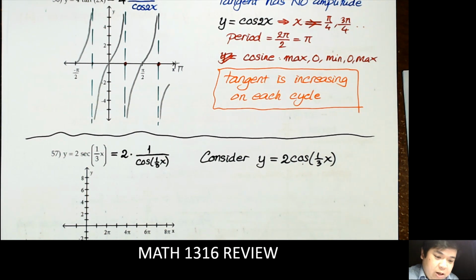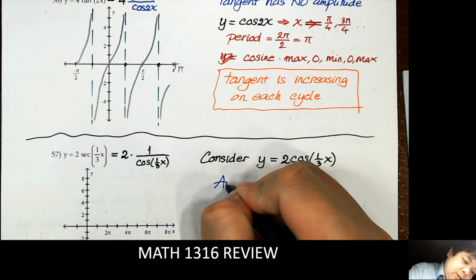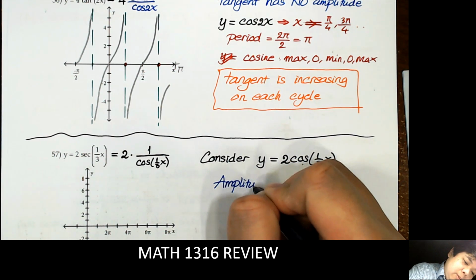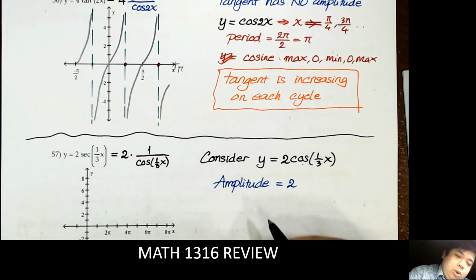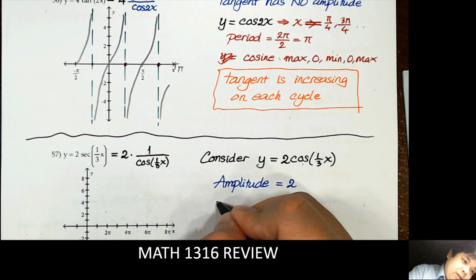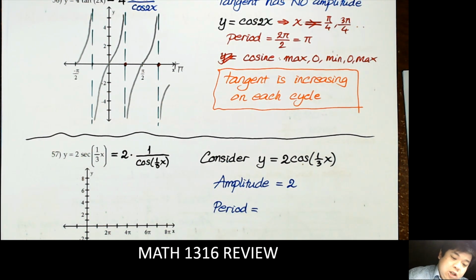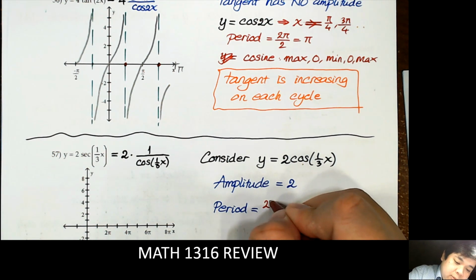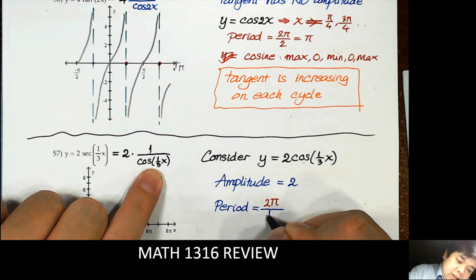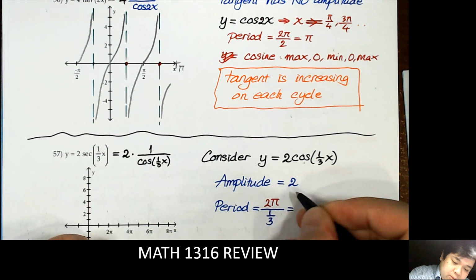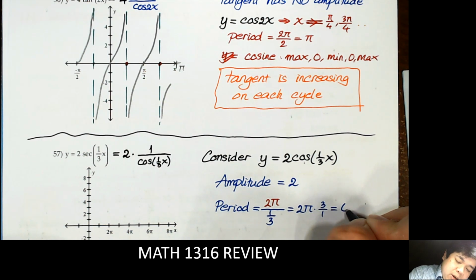Right, so for this function, the amplitude is equal to the absolute value of 2, which is 2. The period by default is 2 pi, but we have to divide it by the coefficient of x, which is 1/3. 2 pi times the reciprocal gives us 6 pi.